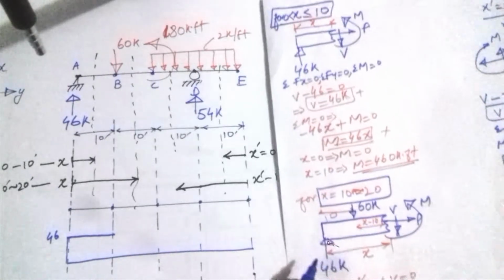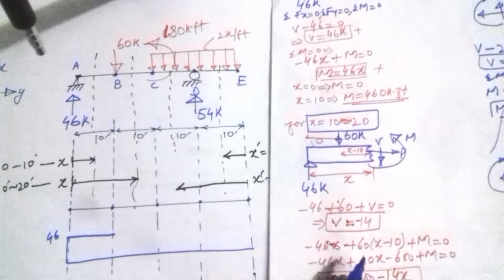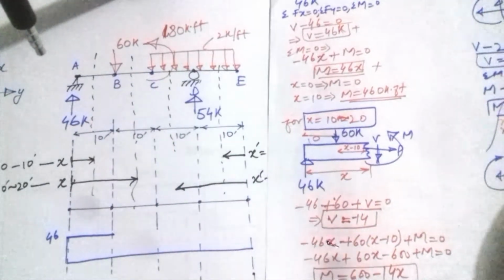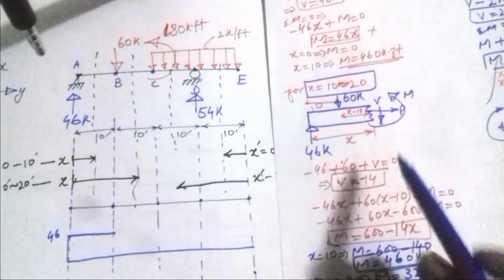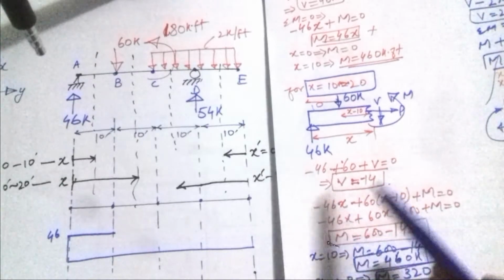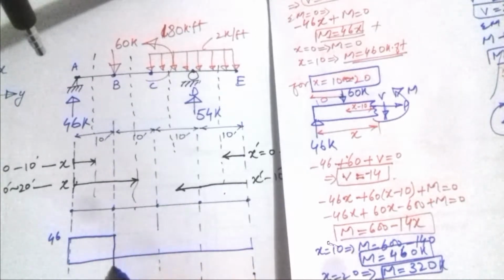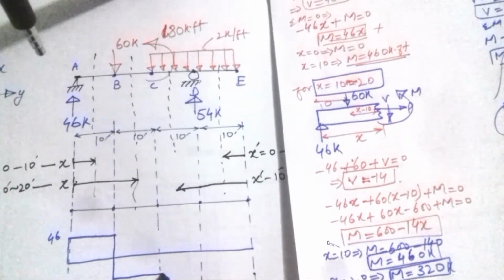After that, in the next section, in this region, the value of the shear force is minus 14, which is also constant.